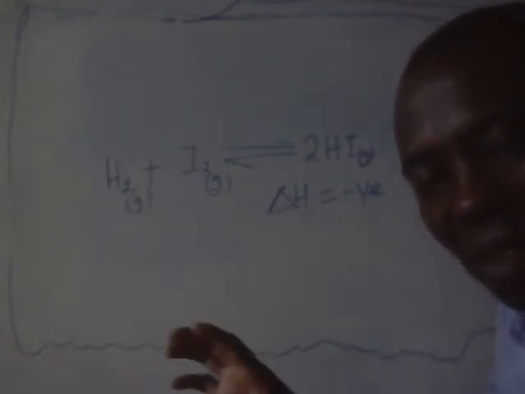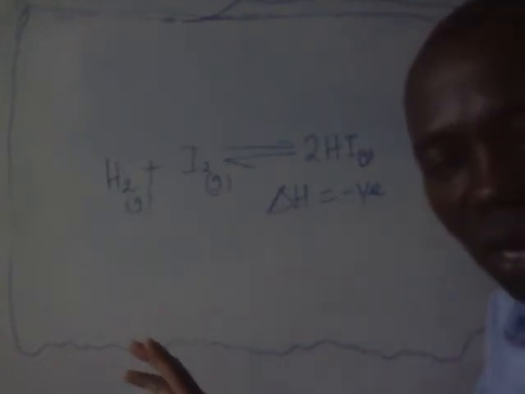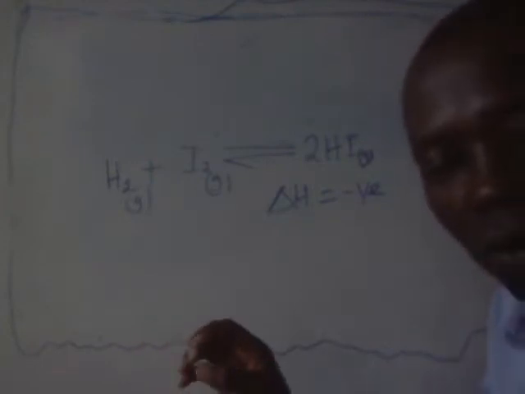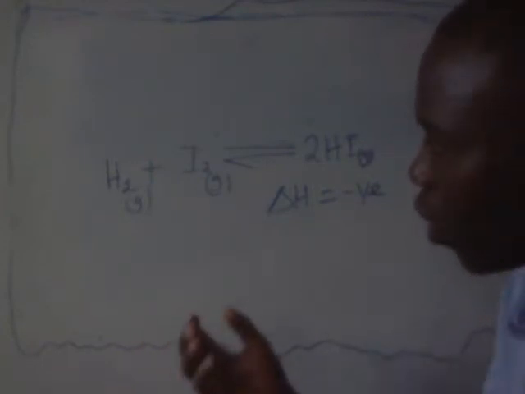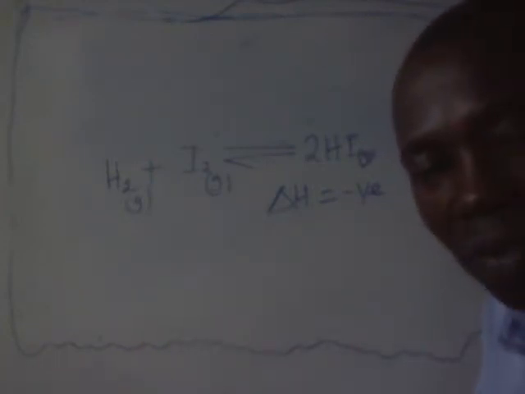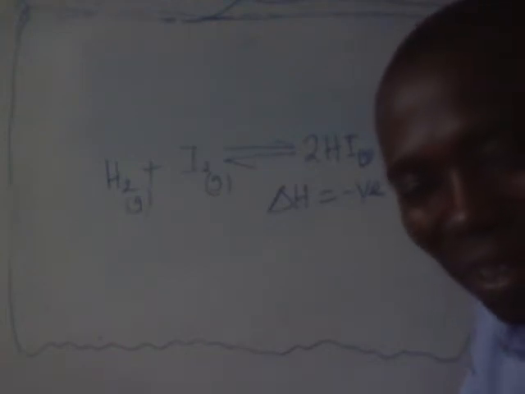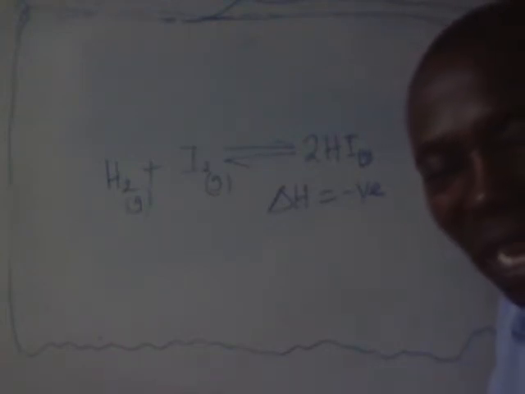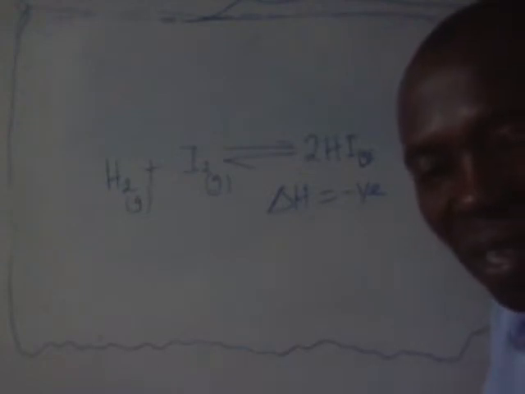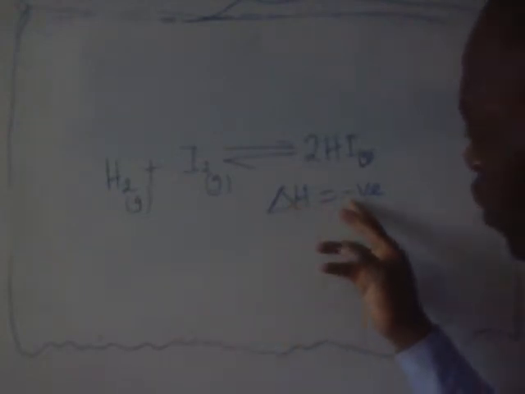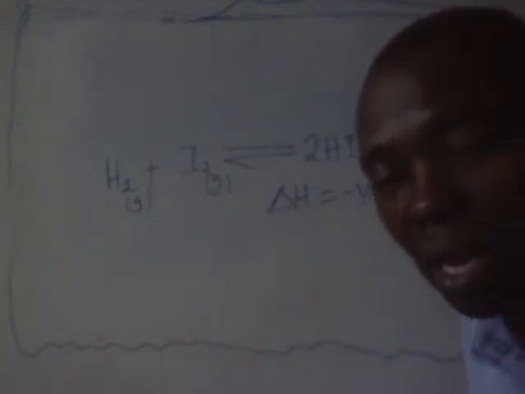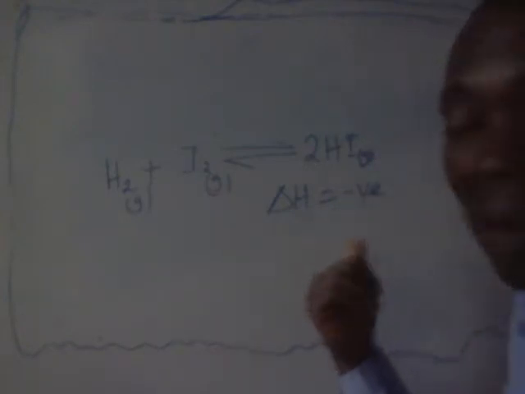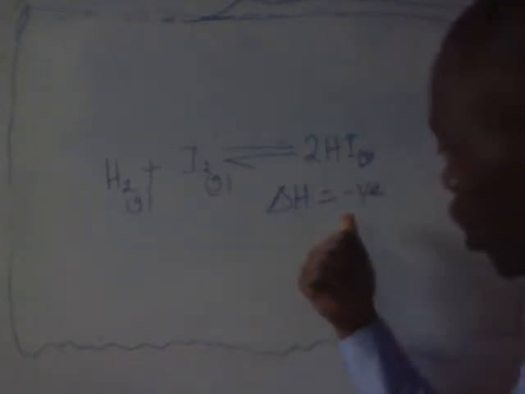It means that heat is released to the surrounding. It's just like when you put a sample of detergent inside water and stir it with your hand, it becomes hot. That means heat is released to the surrounding. So when delta H is negative, it is an exothermic reaction.